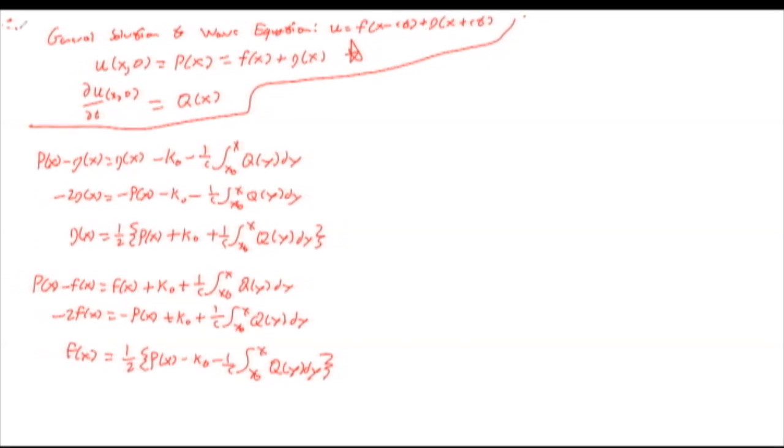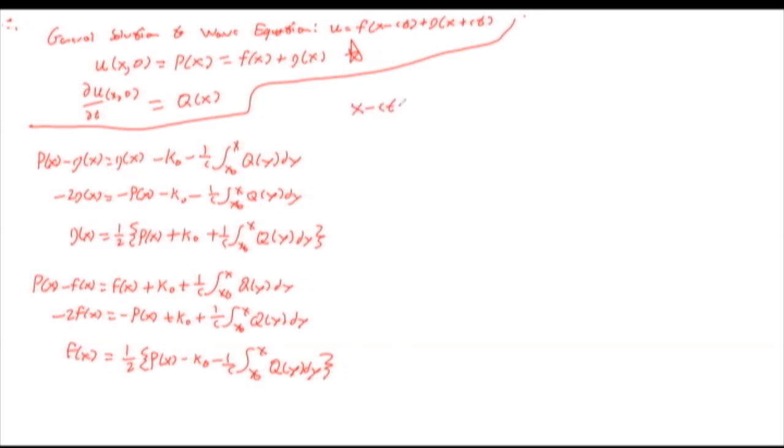So what we can do is then substitute in x minus ct for x in the f of x equation, and x plus ct for x in the g of x equation. So that allows us to move forward in time. So let's make that substitution.